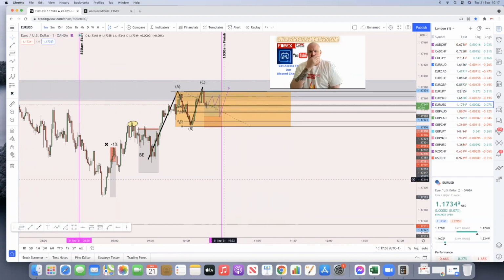Let's see what this gives, and see if it plays out within our fire zone areas.